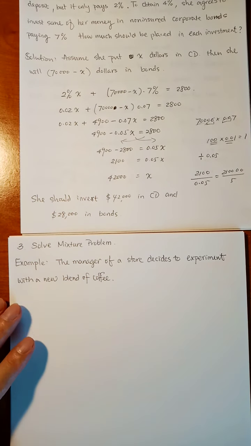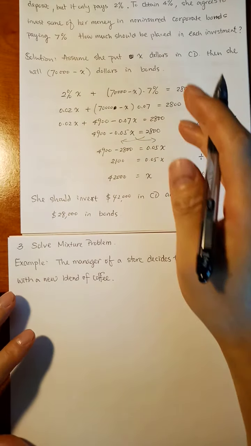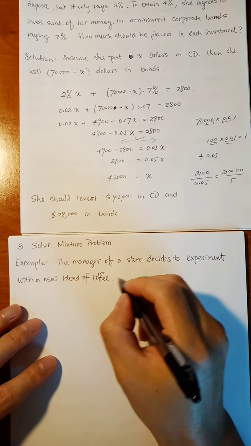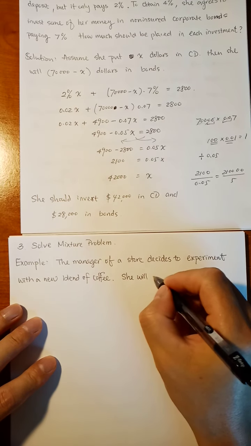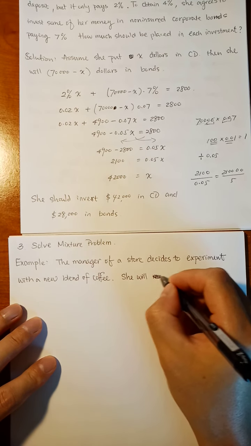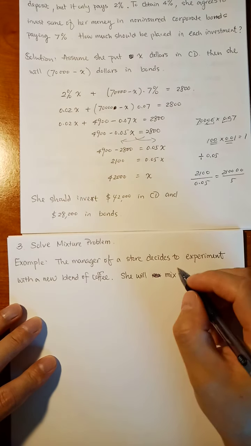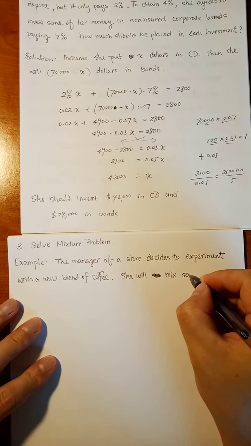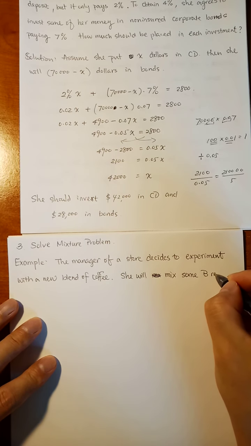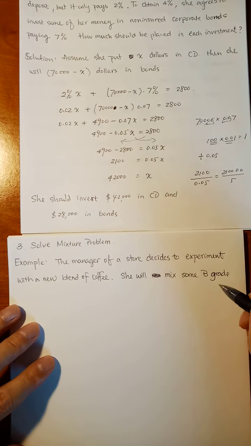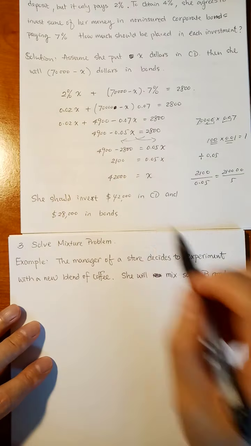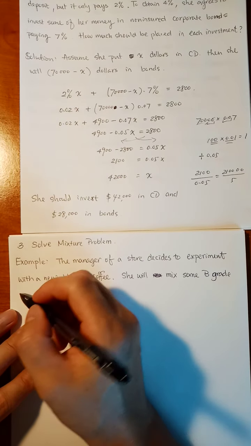Okay, they want to mix coffees. Here they want to mix monies. She will mix some B grade, like the CD with a lower interest rate, B grade coffee.